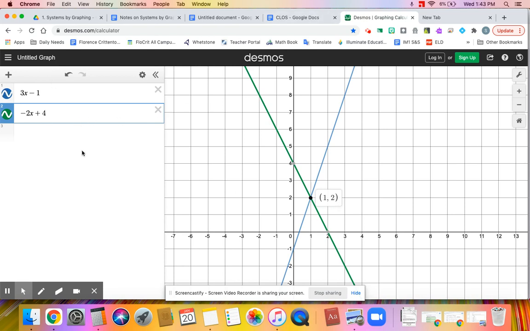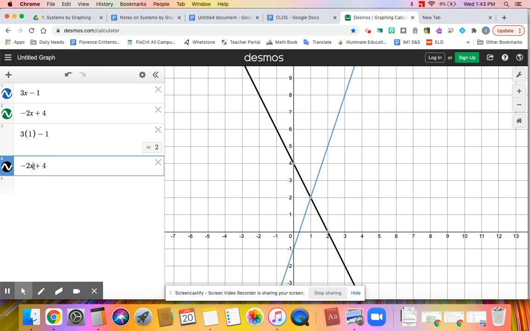For example, if I take 3x minus 1 and plug in 1 for x, 3 times 1 is 3, minus 1 is 2. When I plug 1 into the first equation, I get 2. If I plug 1 into the second equation, I also get 2, because for both of them, when x is 1 on the graph, y is 2.